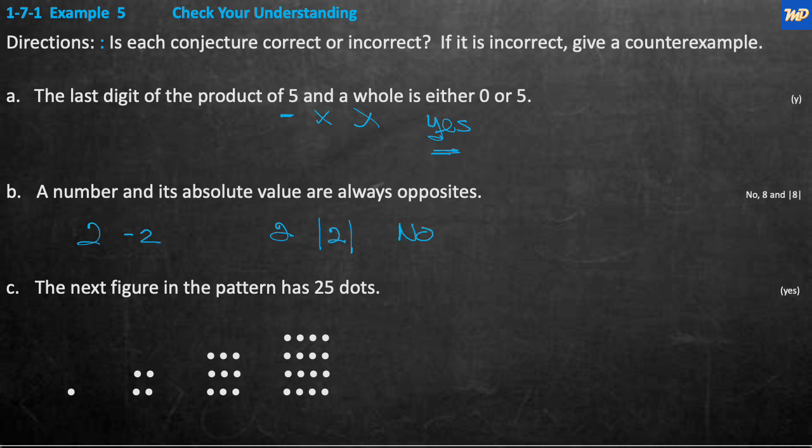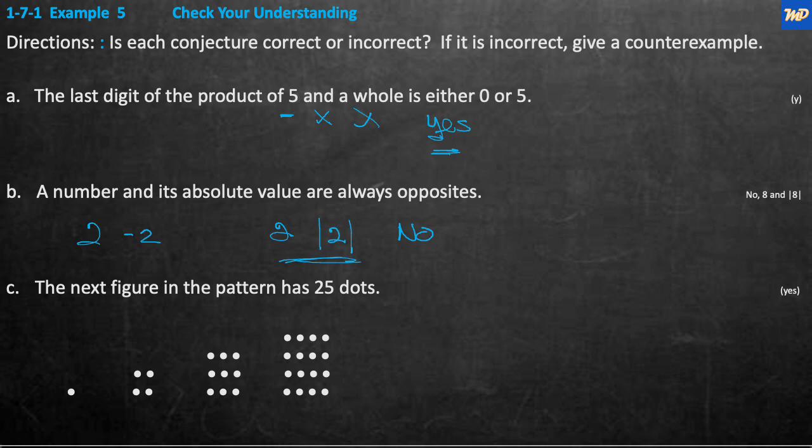And I think there's the example right here. It says, give an example. Here's an example. The next figure in the pattern has 25 dots. 1, 4, 9, 16. 4 times 4 is 16. So what are we doing here?